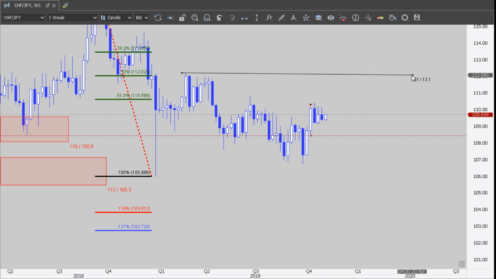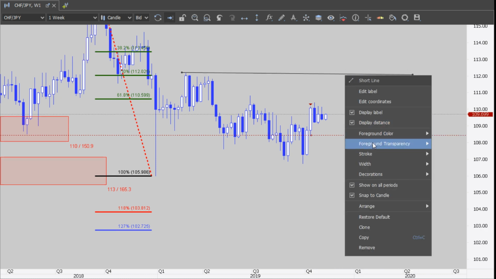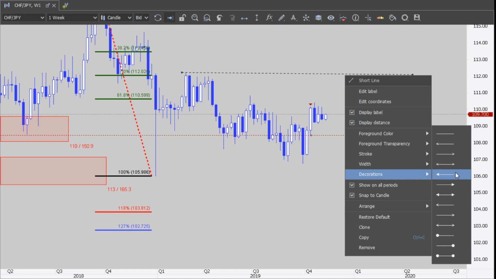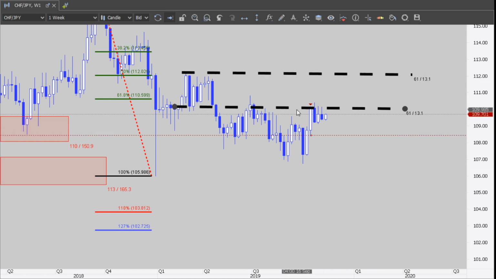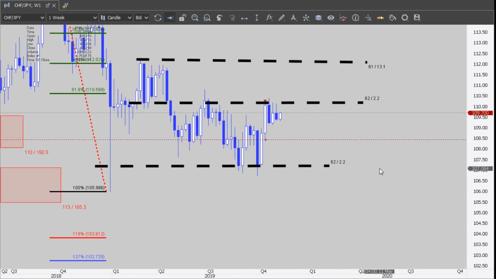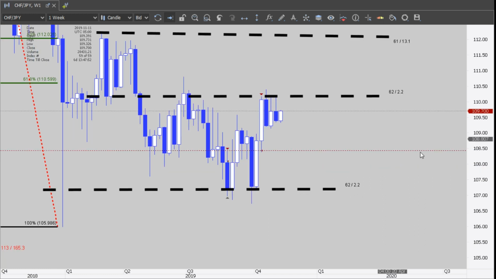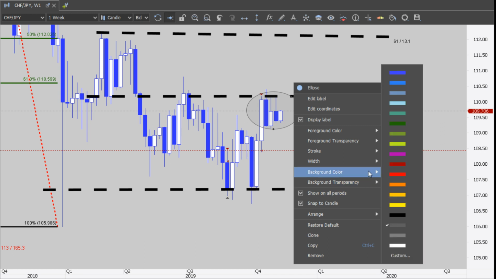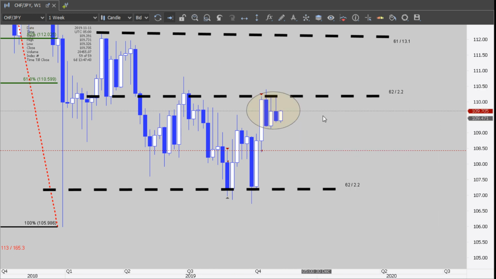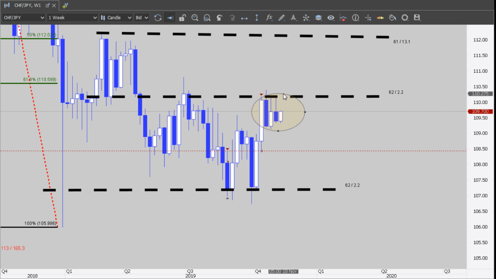This is the first layer. Let's make it bigger, something like this and like this. This is the second layer, and clone. This is the bottom, right? Somewhere in here. And again, as you can see, we have bearish pressure, bearish candlestick formations, and so far the market is testing us, right?